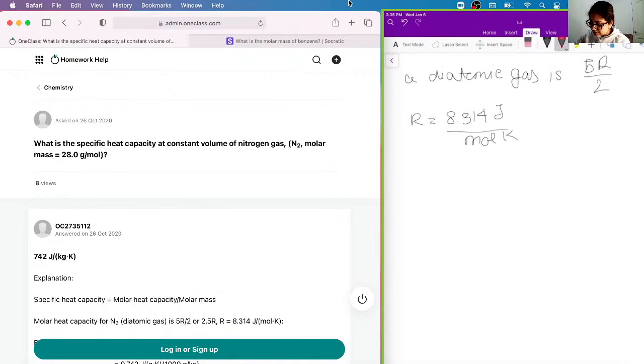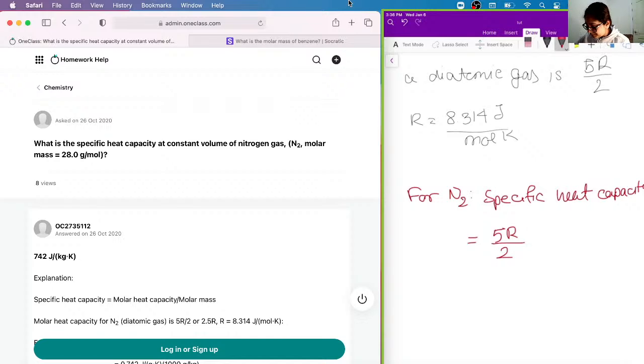For nitrogen gas, the specific heat capacity is equal to 5R/2, or 2.5R, over the molar mass of N2.